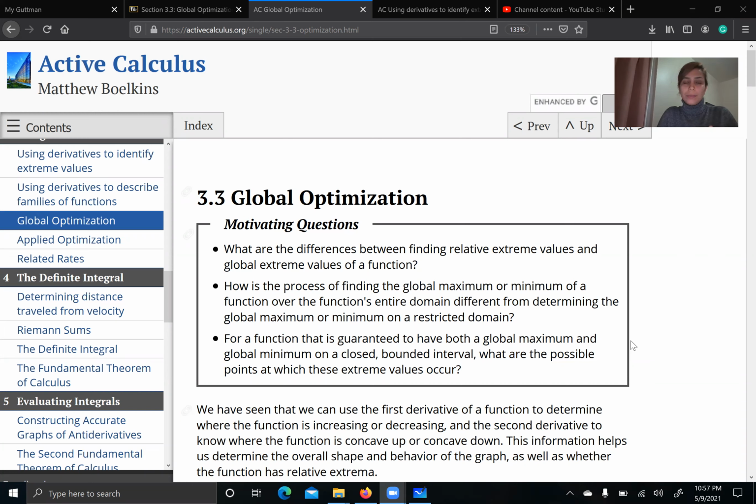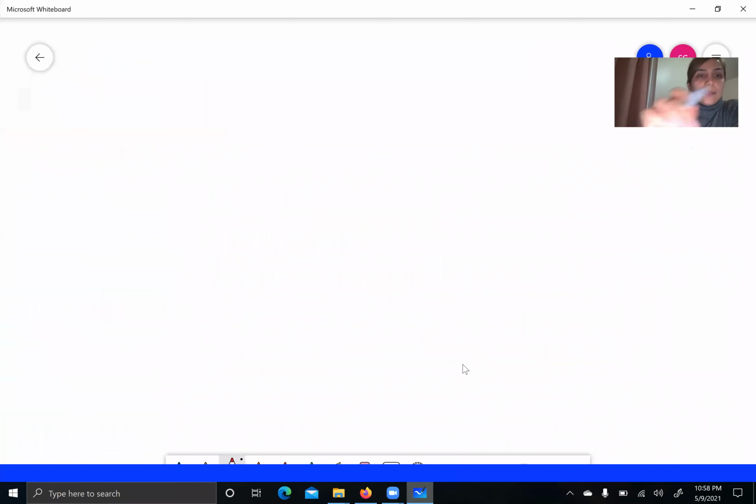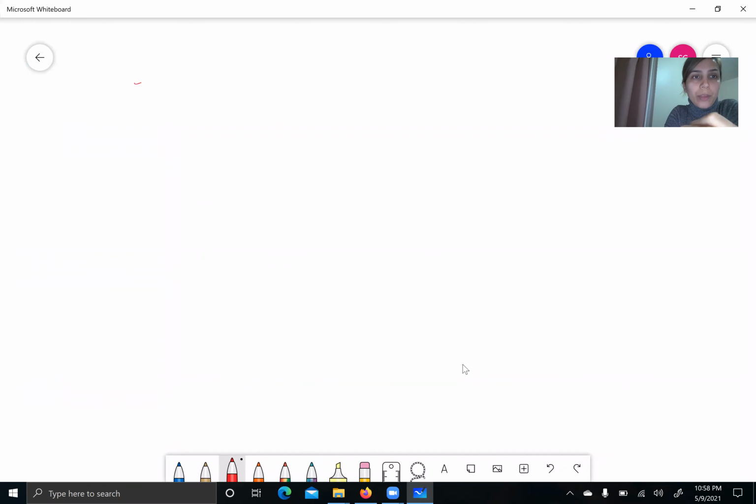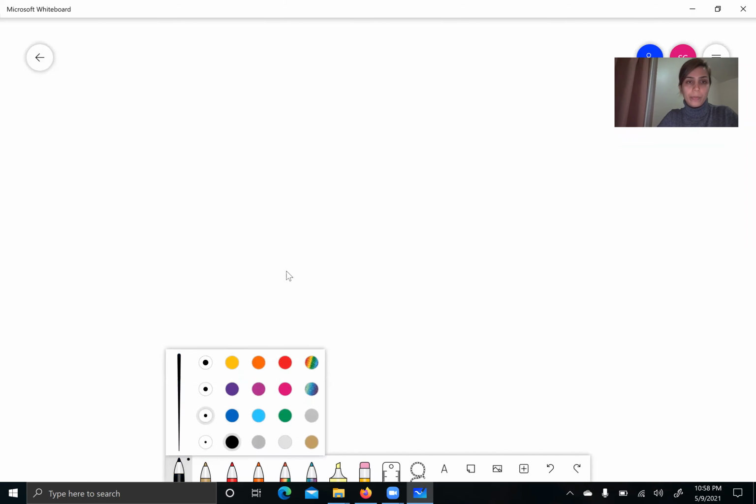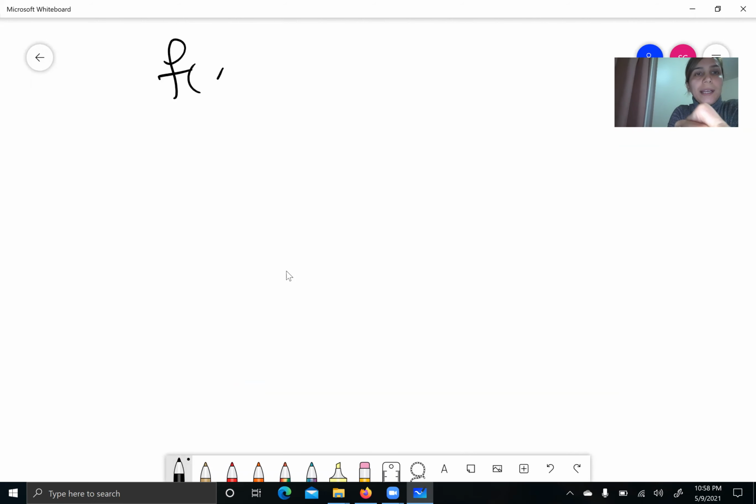So far, we learned about extreme values, and we learned that we have two types of extreme values, global or absolute, and also local ones. So suppose you have a function f of x.